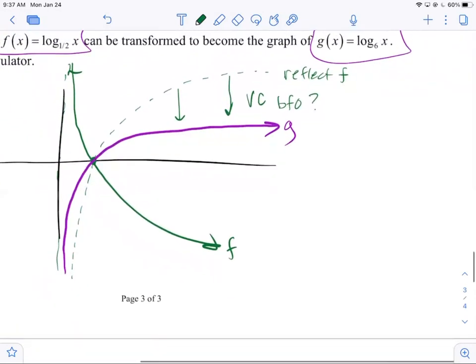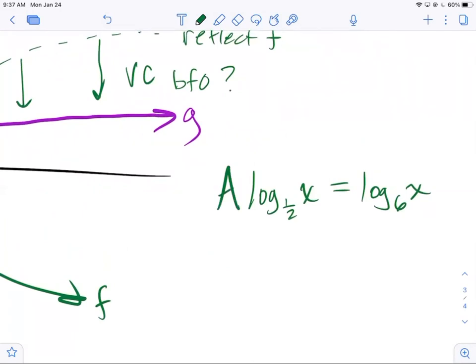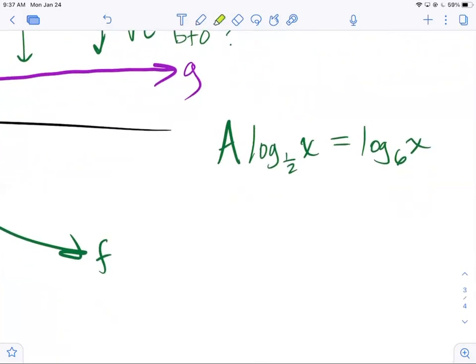So here's how we could figure it out exactly. I want to take log base 1/2 of X, and I want to turn it into log base 6 of X. Now, the two things I'm going to have to do, a reflection across the X-axis and a vertical stretch, are both tied up in the same variable of transformation, A. So if you put A in front of the one we're starting with, all you have to do is solve for A. Look how easy this is.